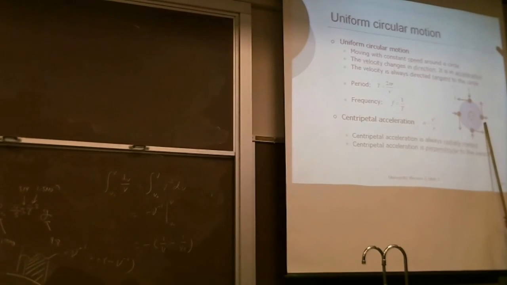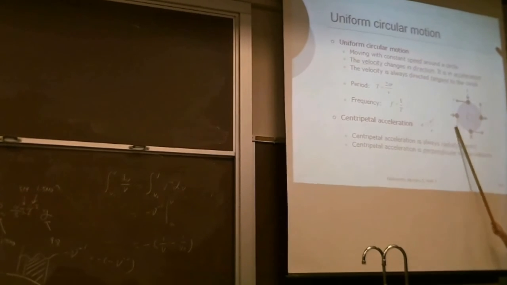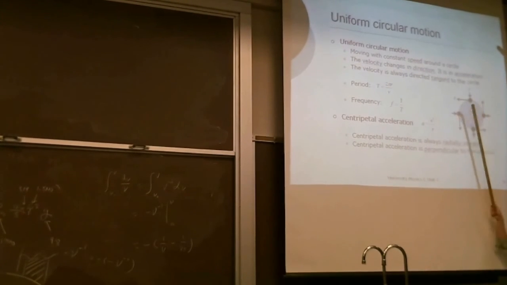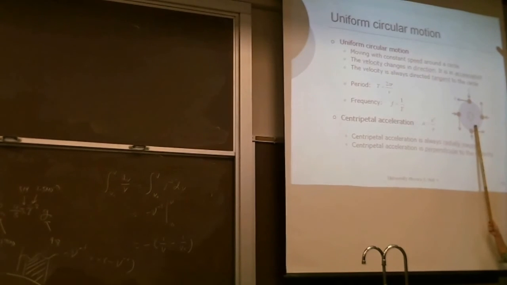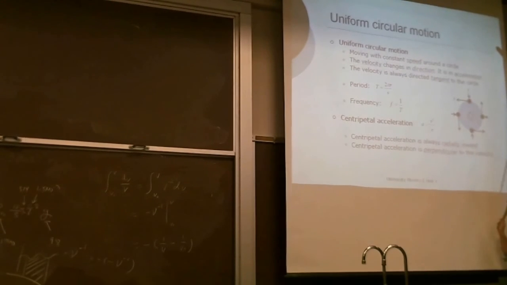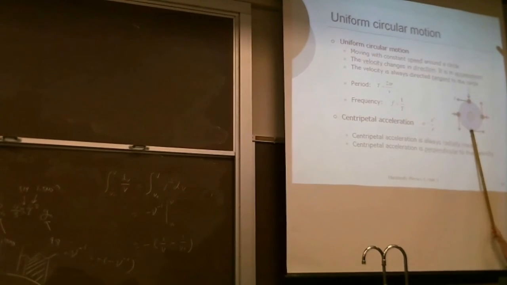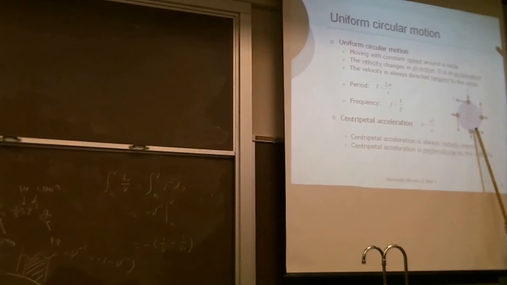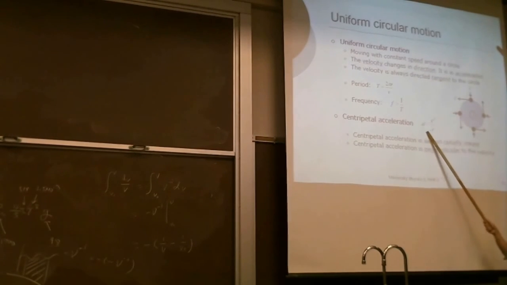Because you can look at the velocity. The velocity here is in this direction, this direction, this direction. So the velocity always changes direction, which means you have to give it some acceleration to change the direction. This acceleration is called the centripetal acceleration.